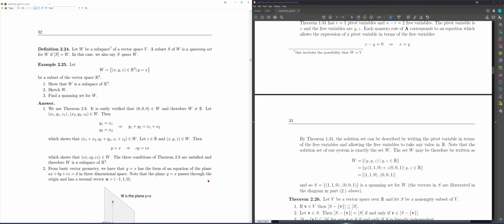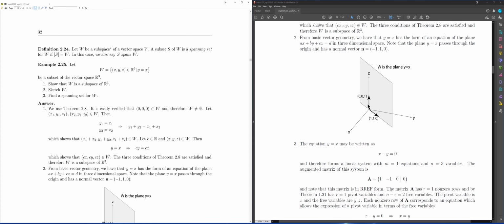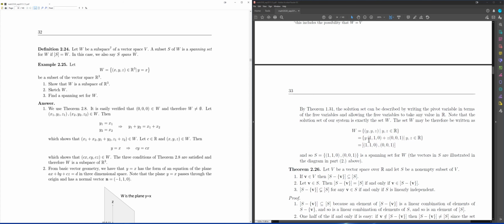If I have a subspace, which is this plane, and I can find vectors such as this 1, 1, 0 and this 0, 1, 0, such that when I take all linear combinations of them I end up with my subspace, then these vectors are a spanning set.